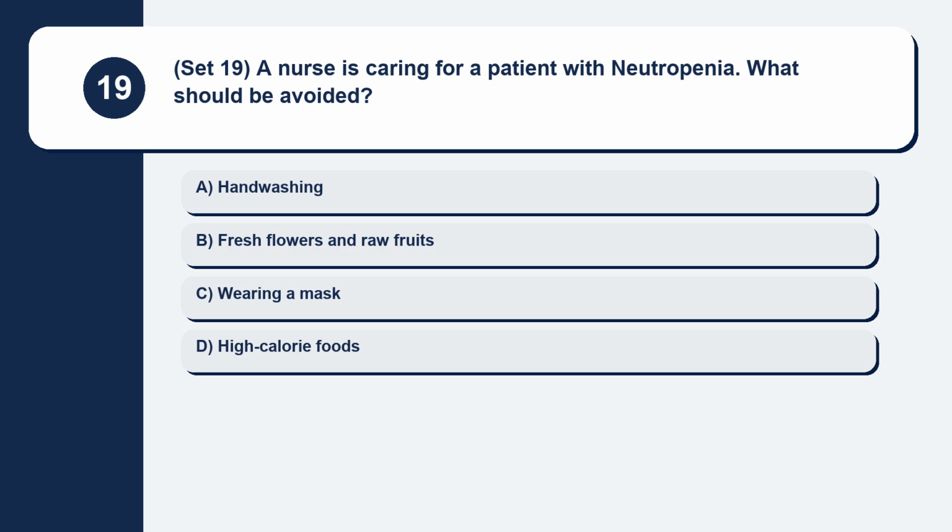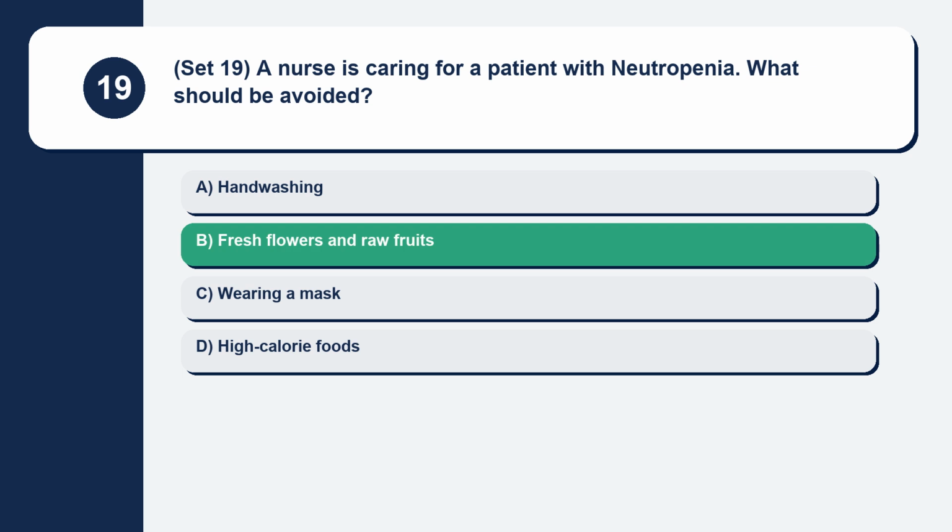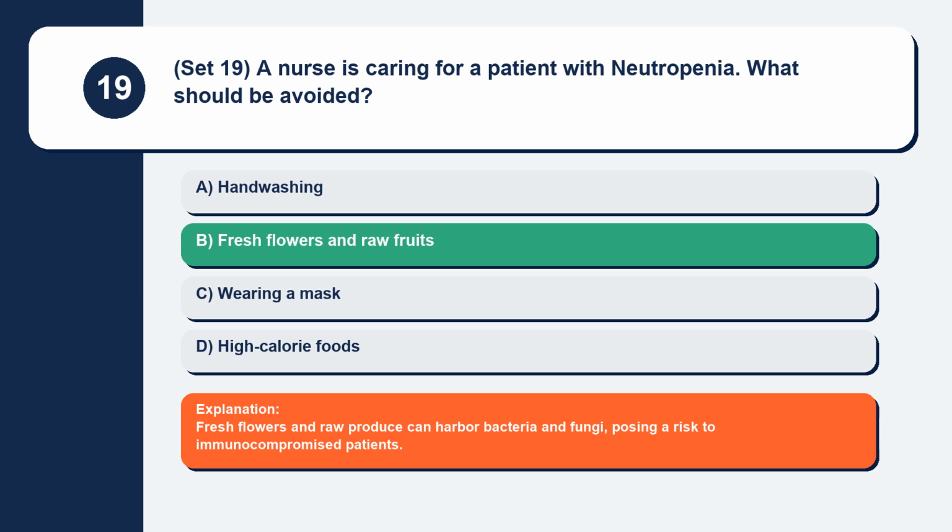Question 19. Set 19. A nurse is caring for a patient with neutropenia. What should be avoided? Hand washing, fresh flowers and raw fruits, wearing a mask, high-calorie foods. Fresh flowers and raw produce can harbor bacteria and fungi, posing a risk to immunocompromised patients.